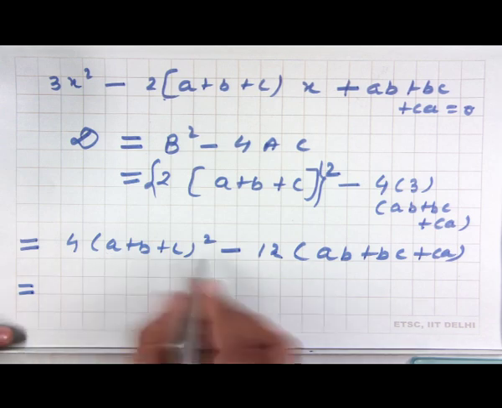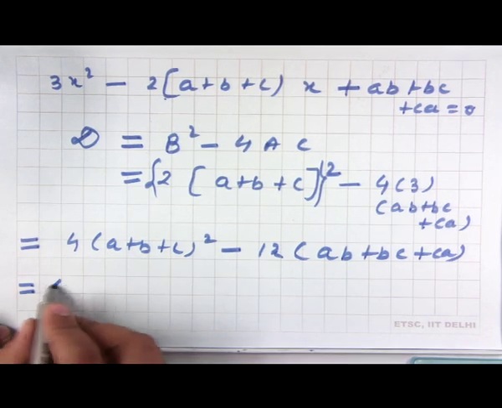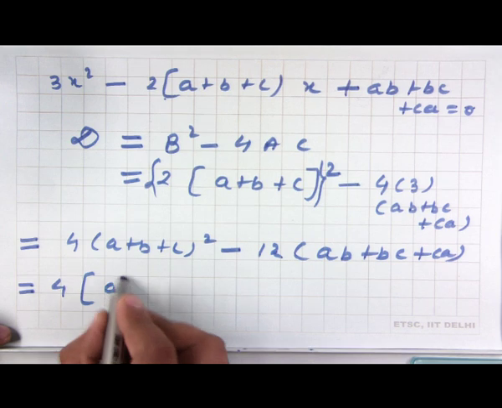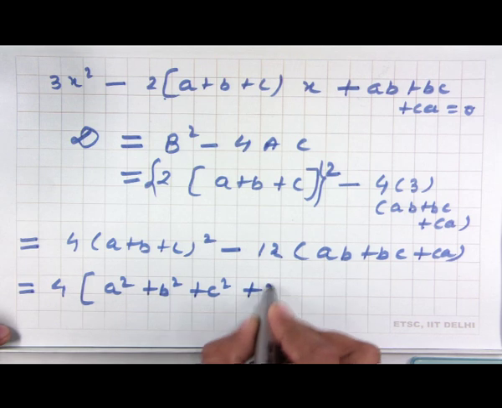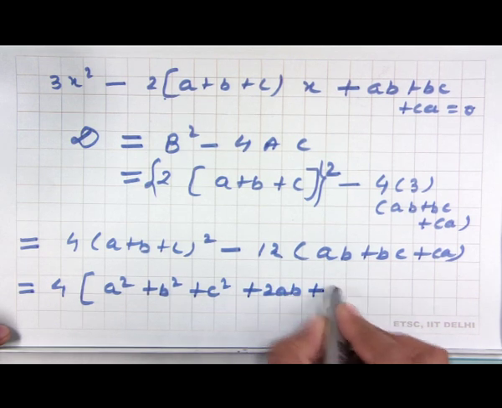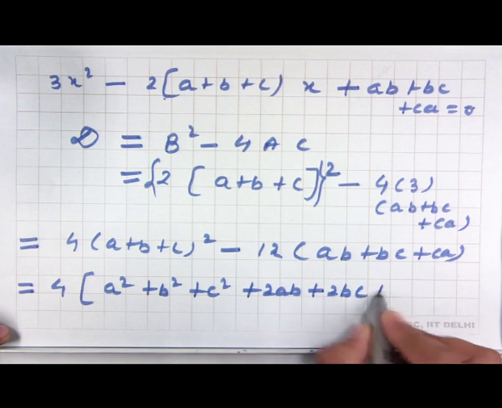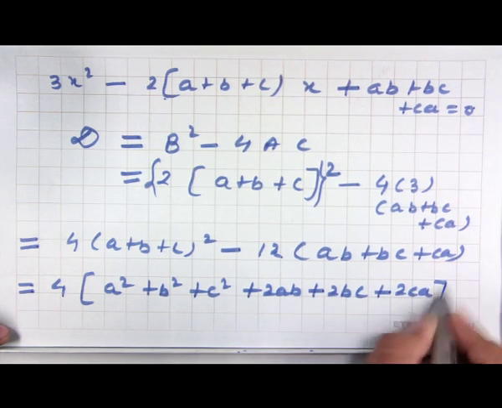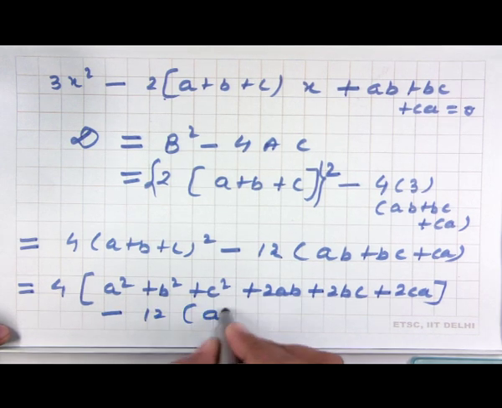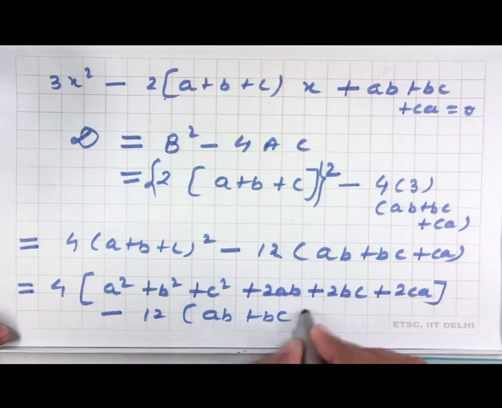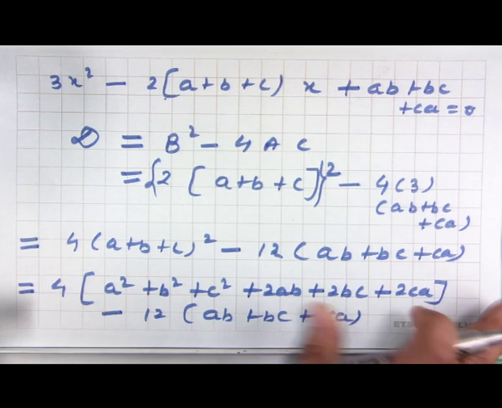Now expand this (a plus b plus c) to the whole square, it will be a square plus b square plus c square plus 2ab plus 2bc plus 2ca, minus 12 of (ab plus bc plus ca).